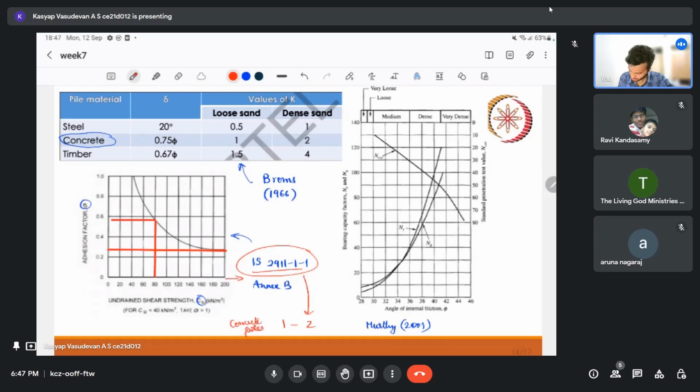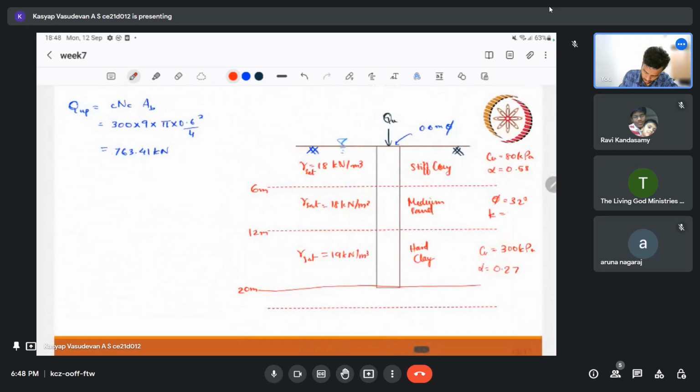Even Broms has suggested 1 to 2. So we can assume it as 1.5, since we are dealing with medium sand. Since it is neither loose sand nor dense sand, it's in between, you can take it as 1.5. So let's take K value as 1.5.